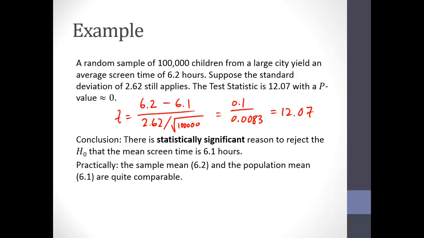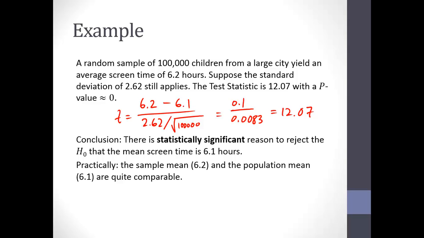I get a crazy big test statistic, which means my p-value is going to be pretty much 0. That causes me to conclude that there is a statistically significant reason to reject the null hypothesis that the average screen time for these children is 6.1 hours. But in fact, I've gotten something extremely close to 6.1.